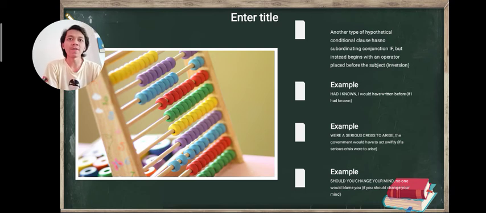Another type of hypothetical conditional clause has no subordinating conjunction if, but instead begins with an operator placed before the subject: inversion. The 3 operators which occur in this construction are had, subjunctive were, and putative should.